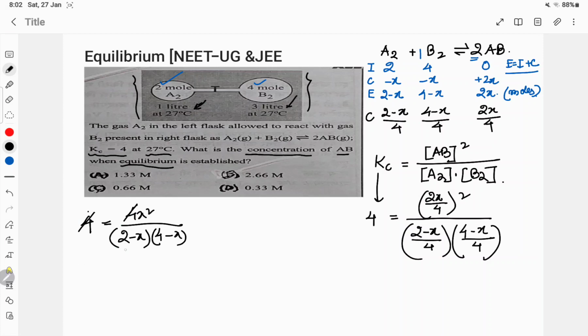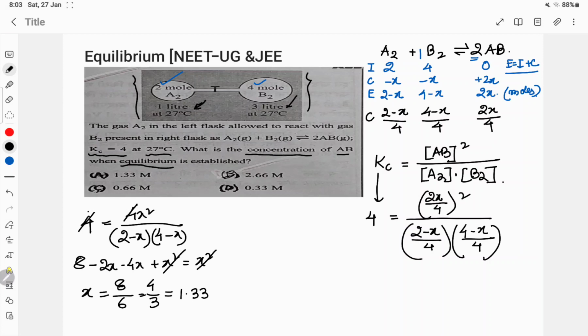So let's multiply this out: 4 times (8 minus 2x minus 4x plus x square) is equal to 4x square, so x square cancels. X is equal to 8 divided by 6, that is 4 by 3. So x is 1.33. Okay, so the value of x is 1.33.